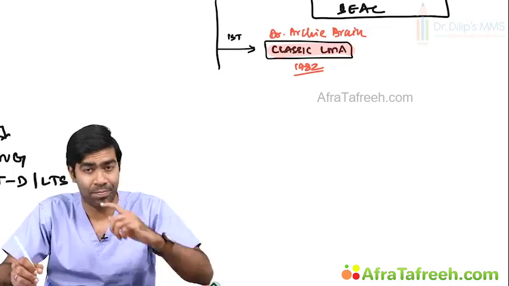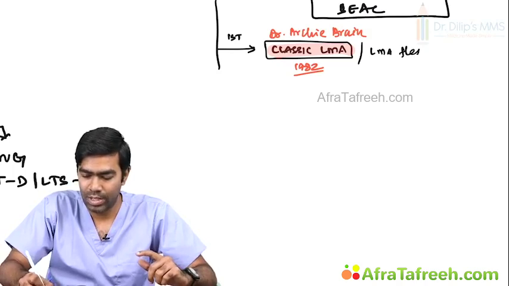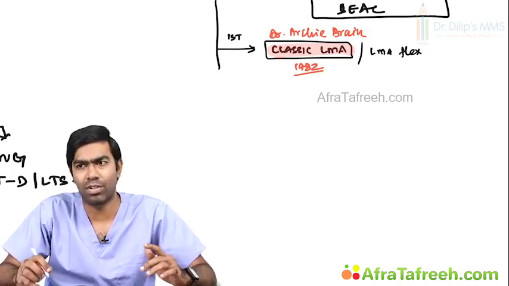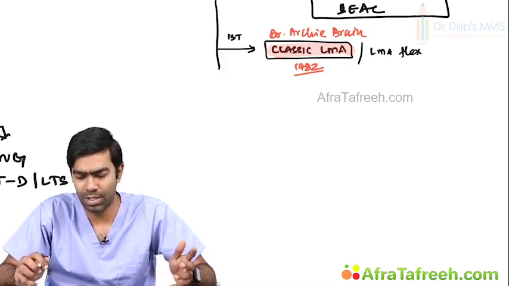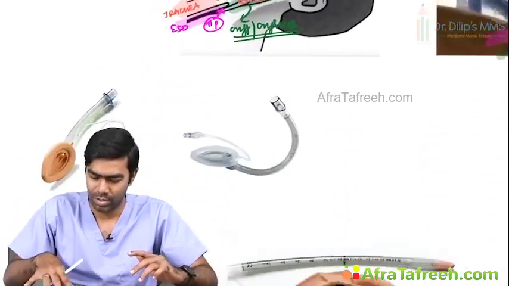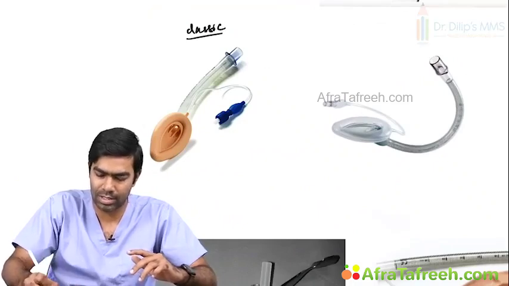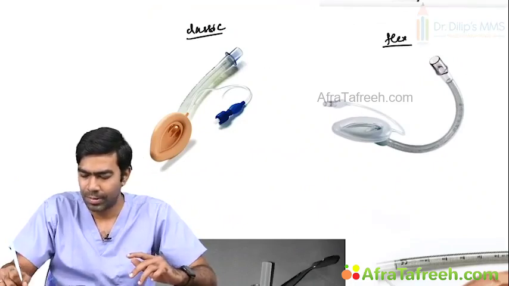So now, the classic LMA. After this classic LMA, you have the LMA flexible. Why should we have this LMA flexible? For that you have to understand the problems with the classic LMA and what is addressed by the flexible LMA. These are the two devices. This is a classic LMA and this is an LMA flexible.